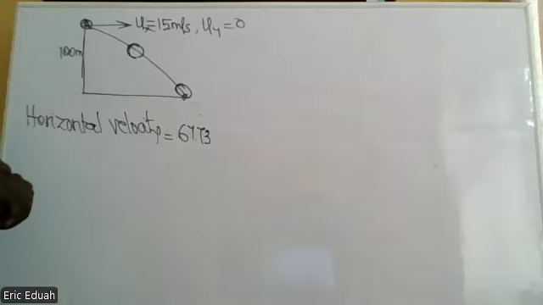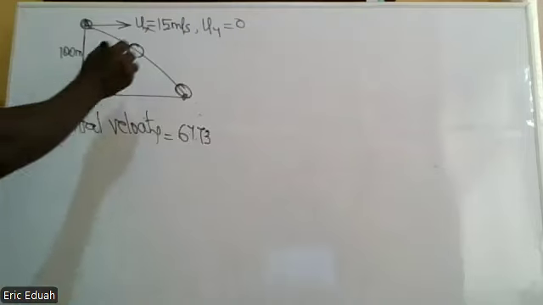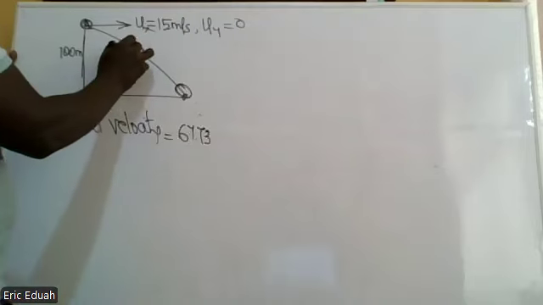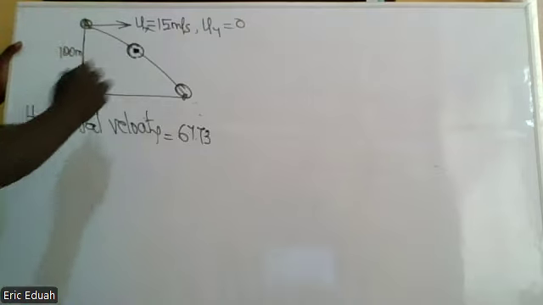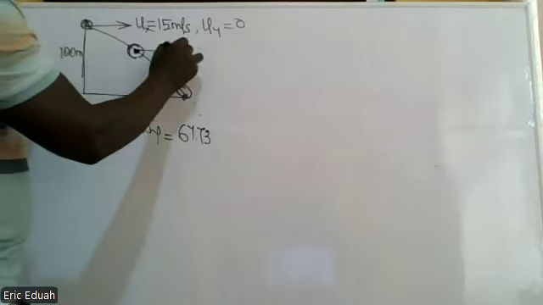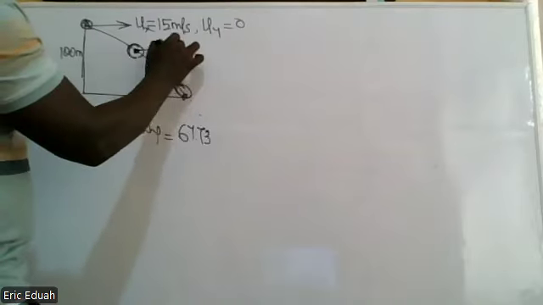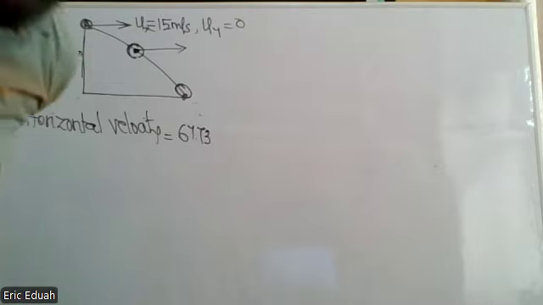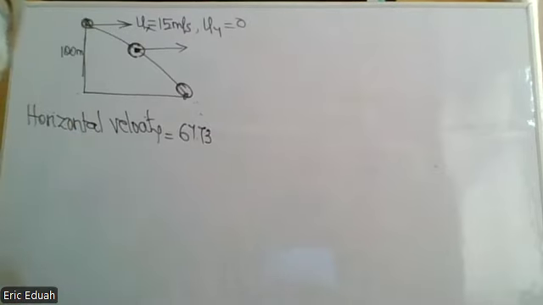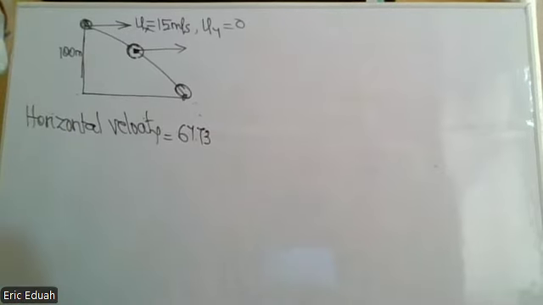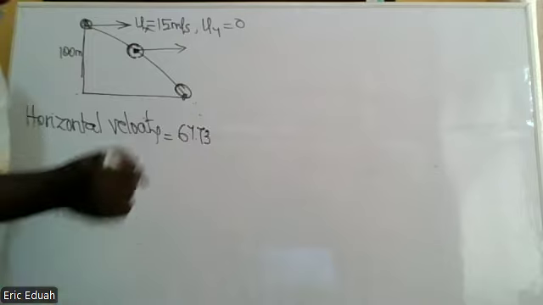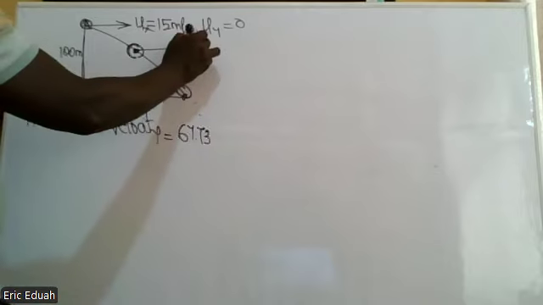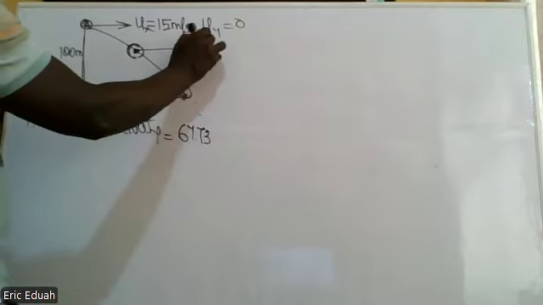When it begins to move, at every point, there are two velocities acting on the body. The constant horizontal velocity, which does not change because air resistance is neglected and gravity does not affect motion horizontally. So the horizontal velocity acting on the body at every time will be constant, 15.